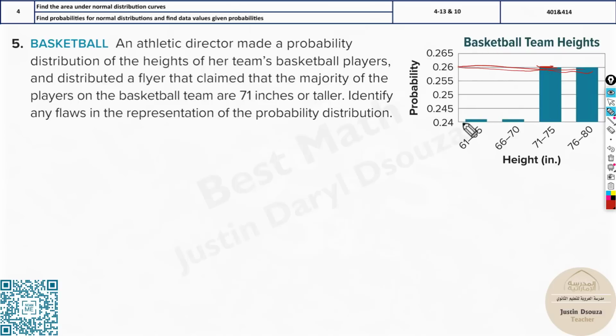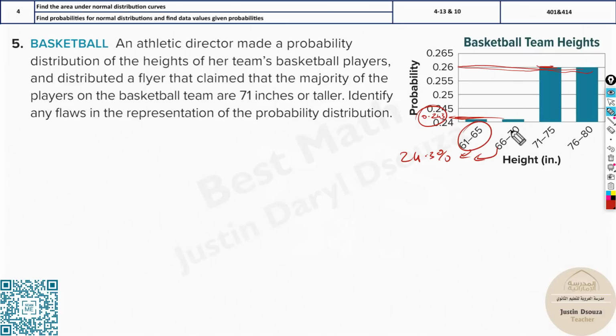But in fact, if you see the next ones, 61 to 65 and 66 to 70, what are those probabilities? It's more than 0.24, it can be 0.243 or something. What does this mean? 24.3% are in the range 61 to 65.